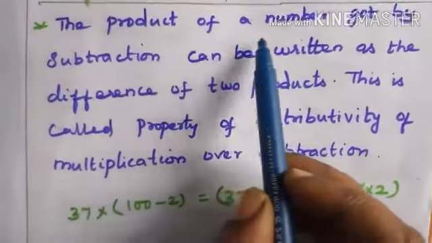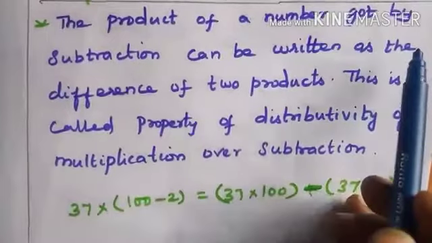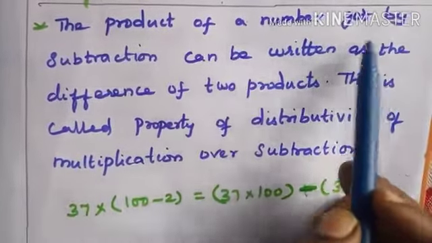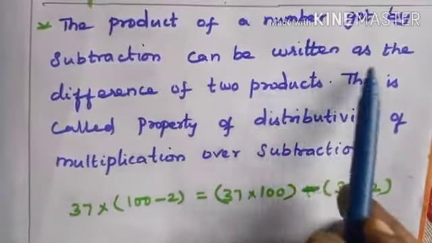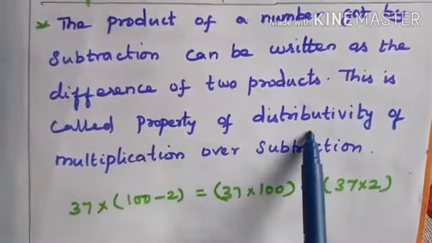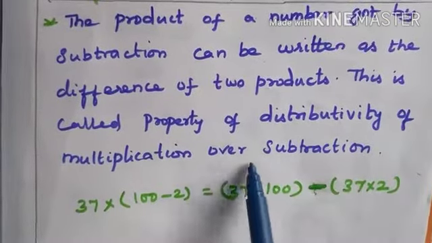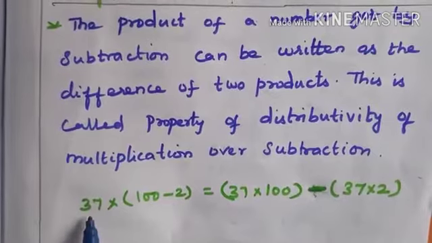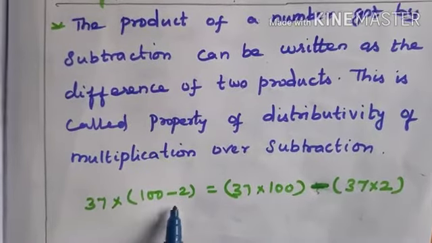The product of a number. So we see about addition. Here you see, product of a number and a difference can be written as the difference of two products. This is called the property of distributivity of multiplication over subtraction. See here we have seen the example 37 into 100 minus 2.